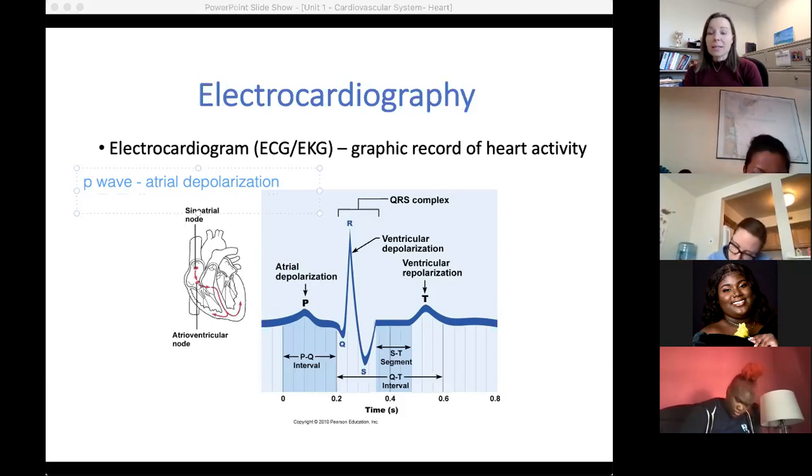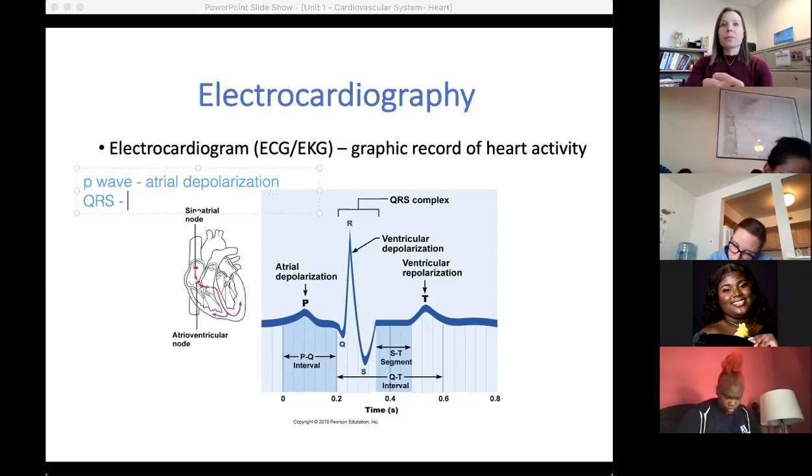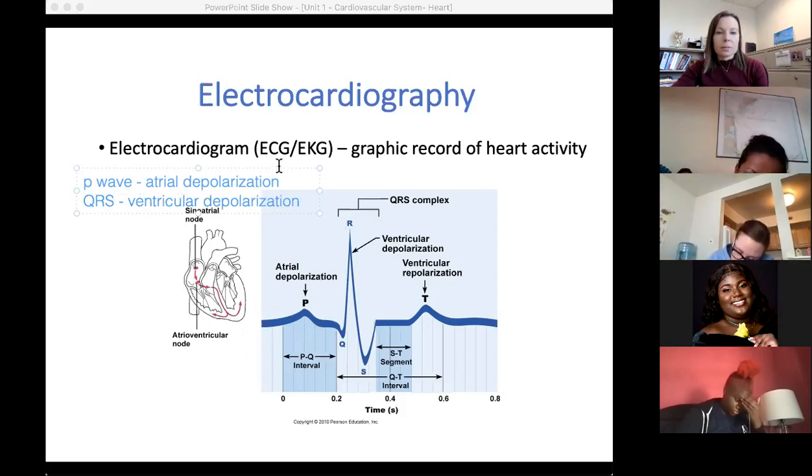Okay, then the QRS complex is caused by ventricular depolarization.